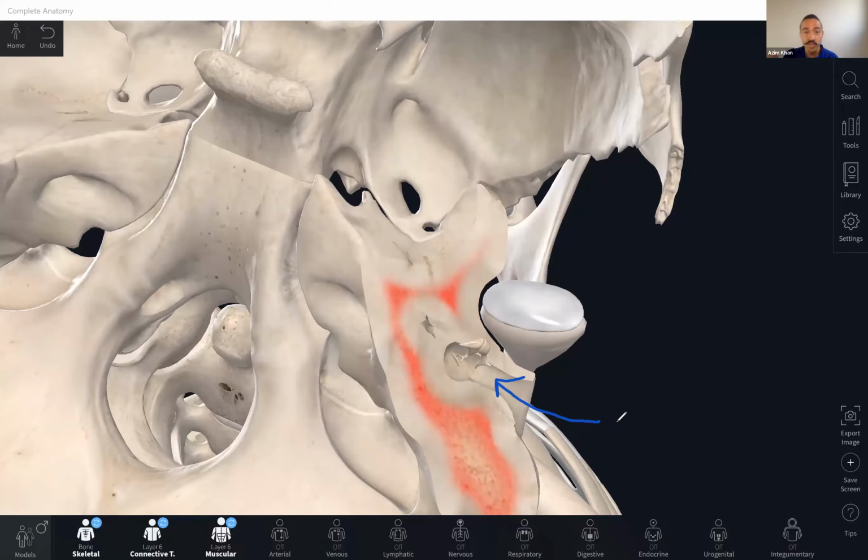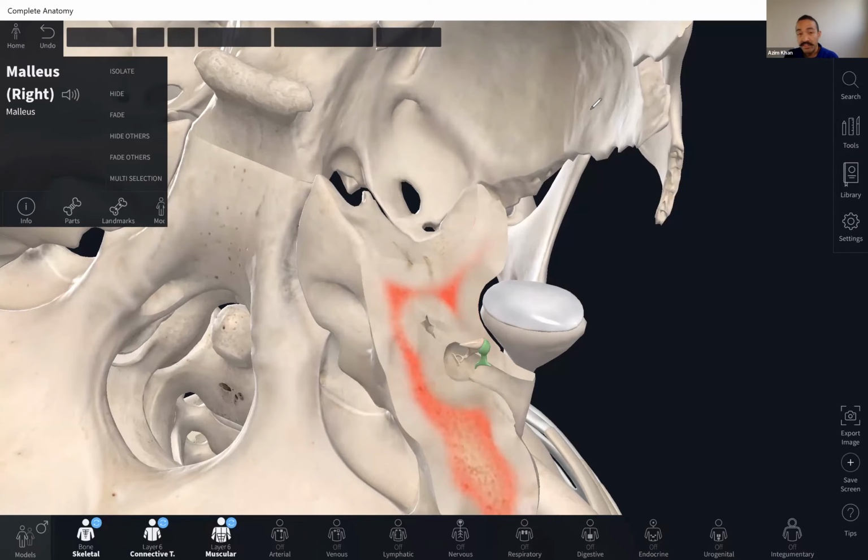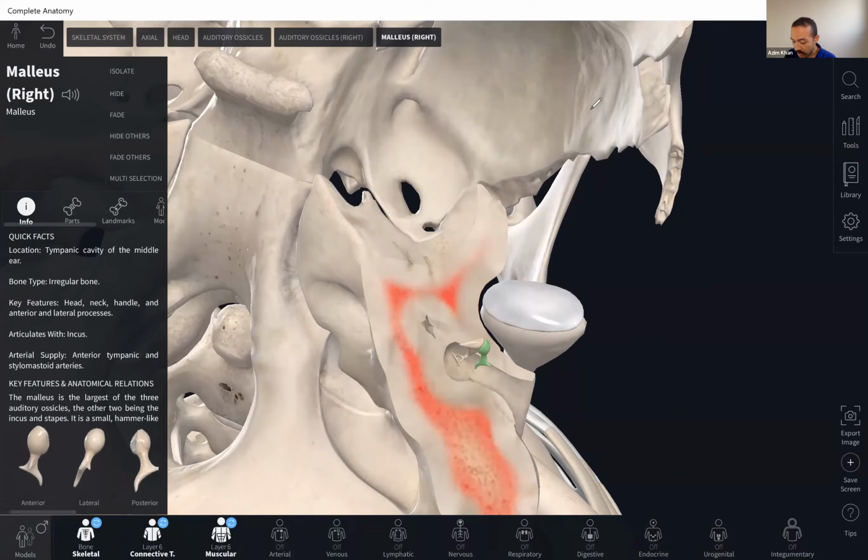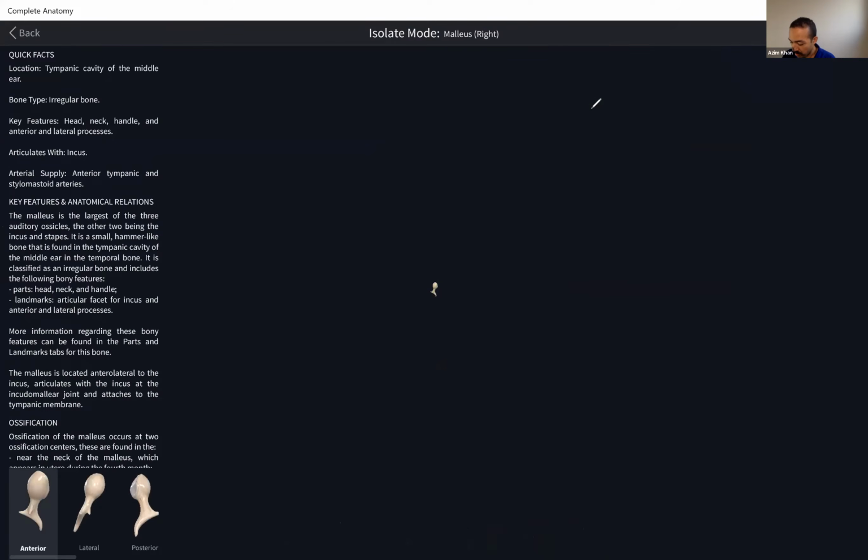You can see where I drew my arrow, that's the external acoustic meatus. This bone that's most lateral, that's the malleus. It's mallet shaped. You can see it's shaped like a little mallet.